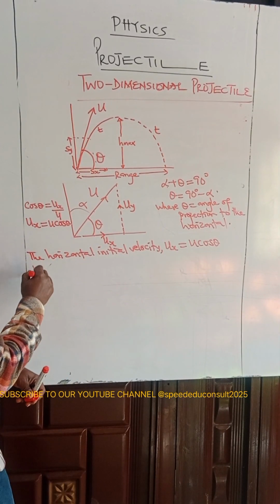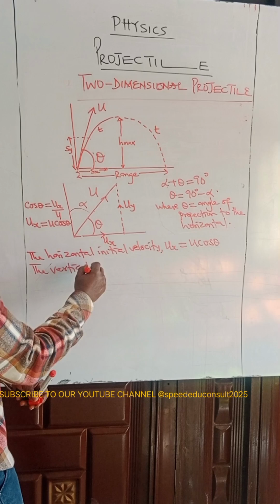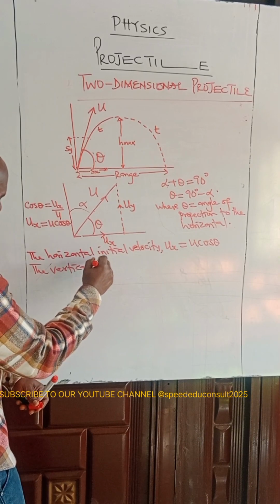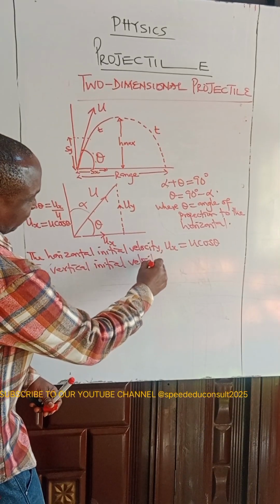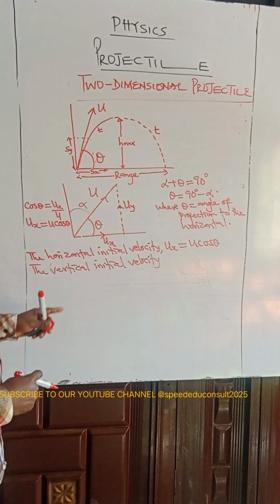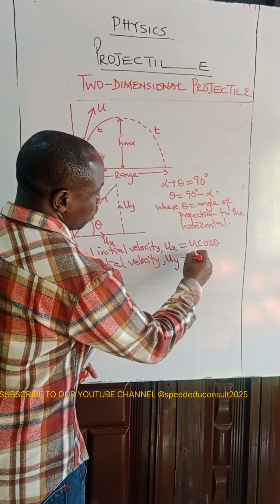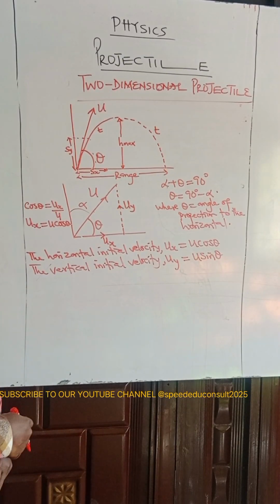Again, the vertical component of the initial velocity, we call it uy, which is equal to u sine theta.